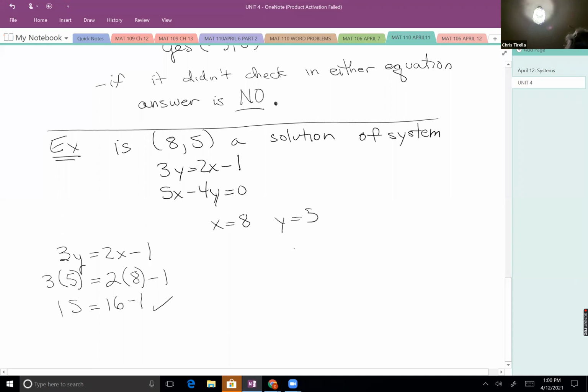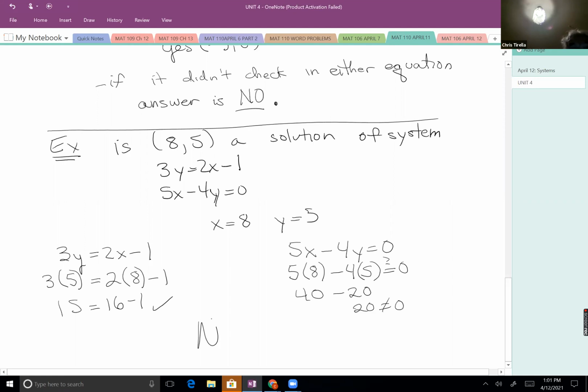But now if I check in the other one, 5x minus 4y equals 0, that would be 5 times x is 8 minus 4 times y is 5. Does that equal 0? Well, 40 minus 20 is 20, not 0.